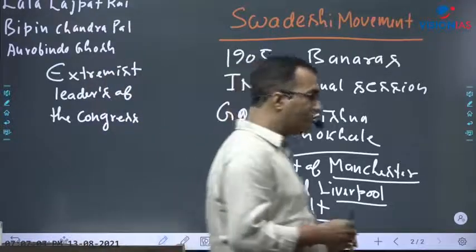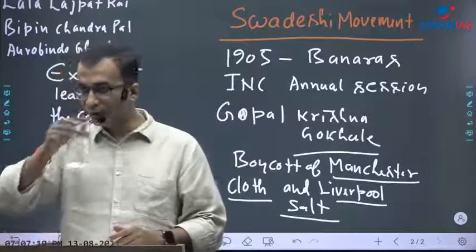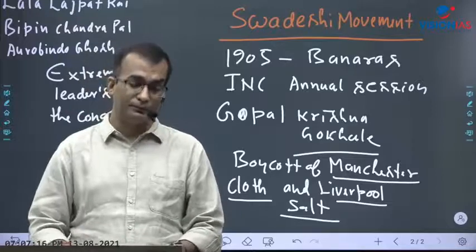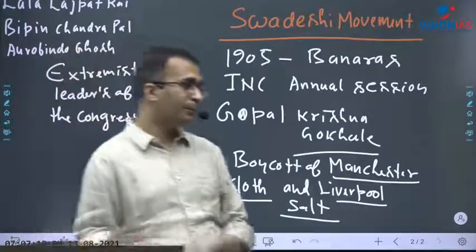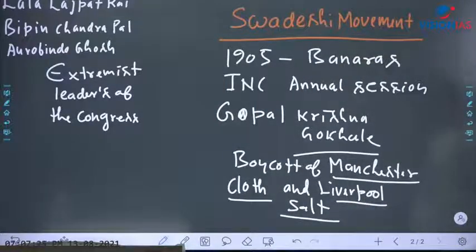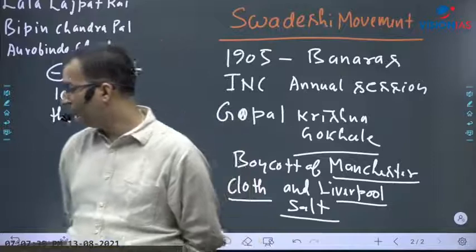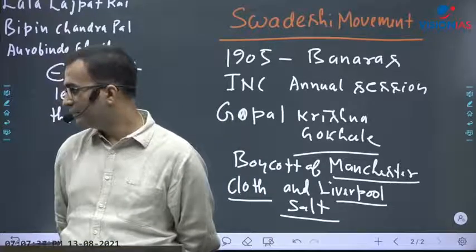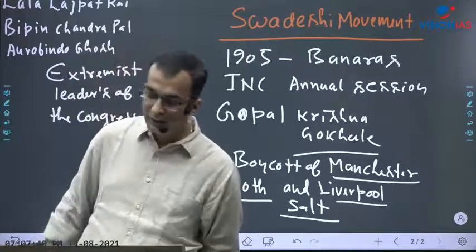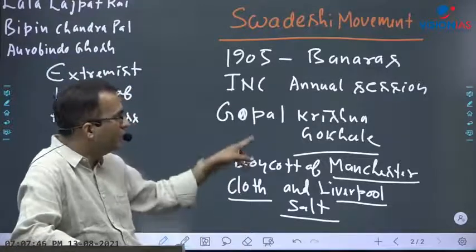In the context of Bengal partition, annual session of Congress was held at Banaras, under the presidency of Gopal Krishna Gokhale.